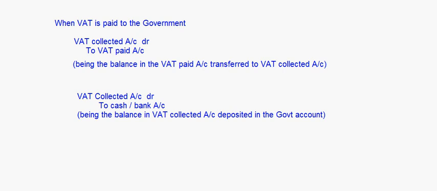Now I'll take up one or two more journal entries. Okay, let's take up the entries pertaining to income tax. We have seen central sales tax, we have seen value added tax. Now let's see the journal entries for income tax.